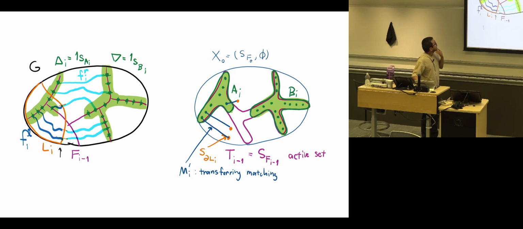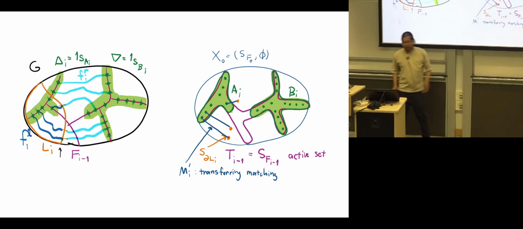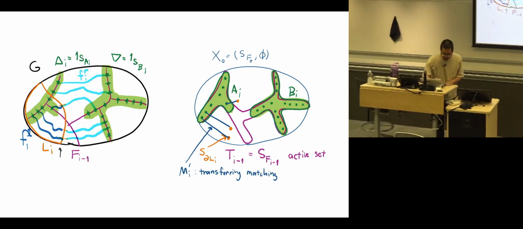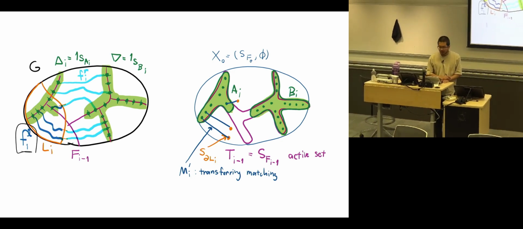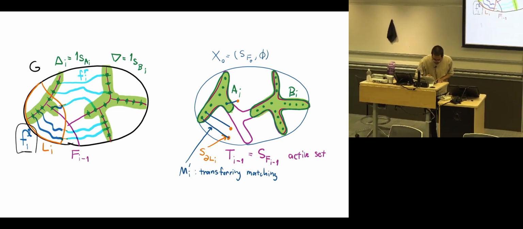The idea is that I will define the transferring matching to correspond to the flow on the left. Whatever gets stuck at the min cut, these are the guys that send flow to this cut. So I just create this transferring matching.